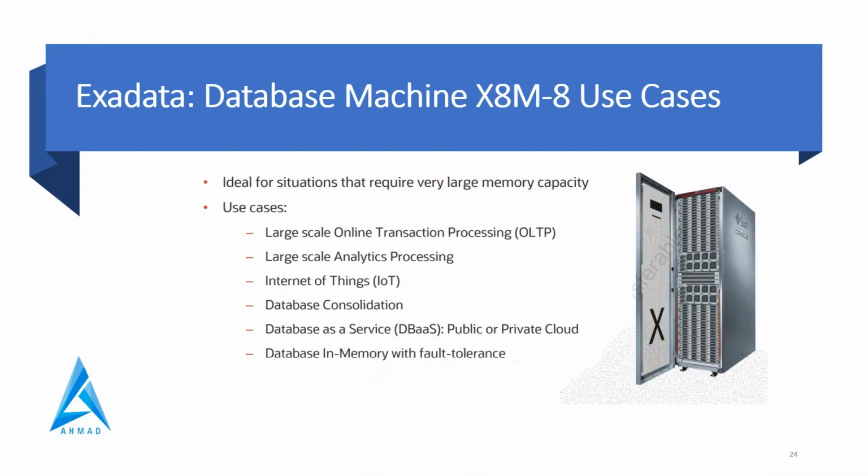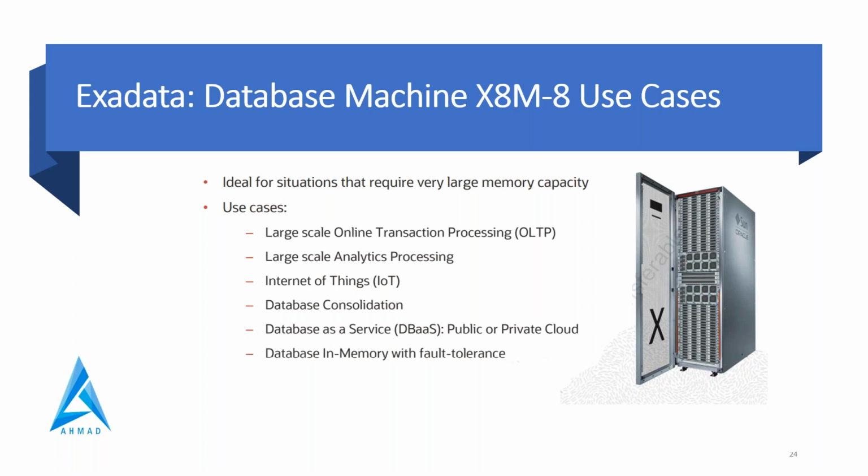And what are the use cases where this machine will be used? It is ideal for a solution that requires very large memory capacity. This is an ideal choice for situations where large memory capacity is needed, such as large scale OLTP and analytics.